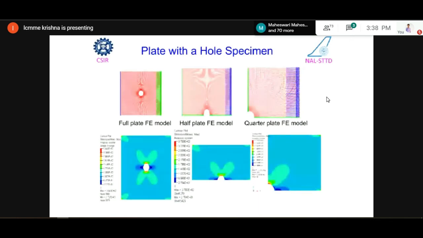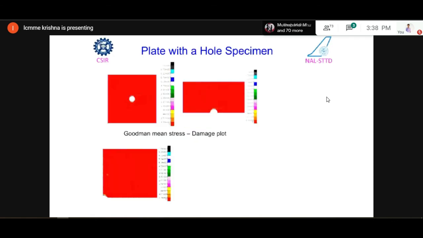The 364, 370, again 370 in the quarter model. This qualifies that your loading and boundary conditions are correct and you are doing the right analysis, you are in the right direction. So we are getting less than 2% deviation.